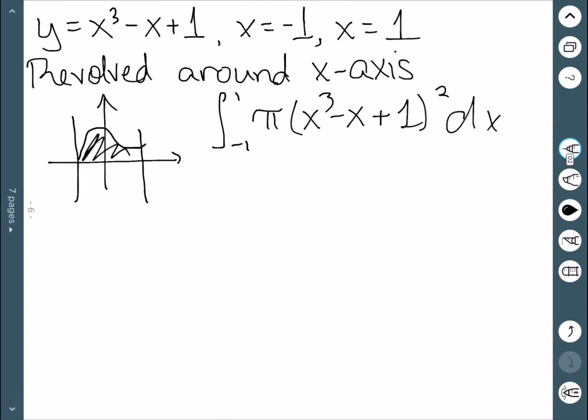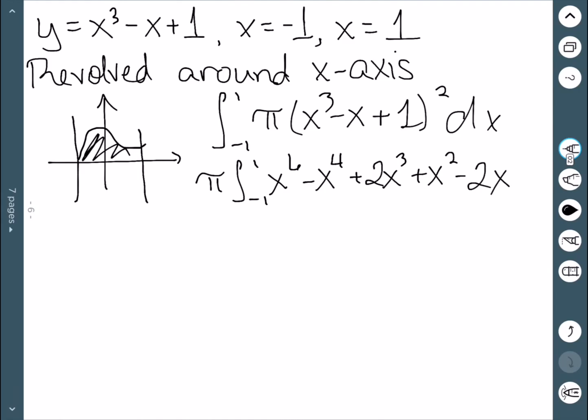We can remove the pi to the front between negative 1 to 1, and if we multiply this out, we get x to the 6th minus x to the 4th plus 2x cubed plus x squared minus 2x and then plus 1 dx.